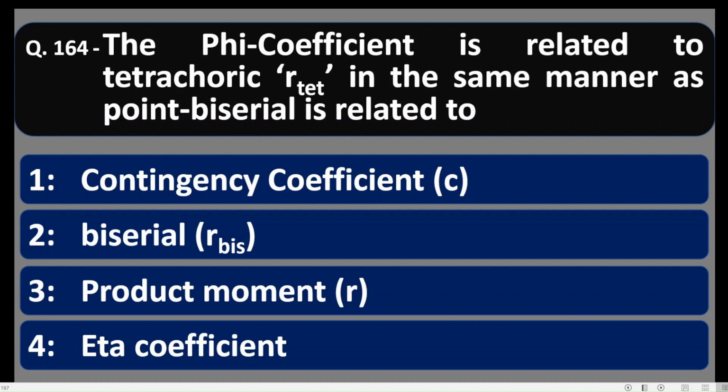So in terms of the types of variable and types of scales of measurement, point biserial and biserial have similarity. So option number 2 is correct. Point biserial is related with biserial as the phi coefficient is related with tetrachoric.